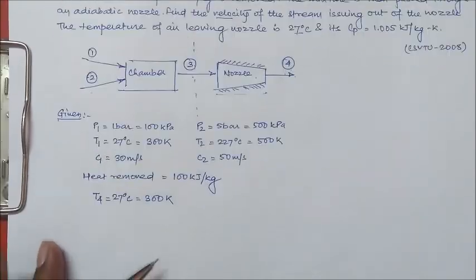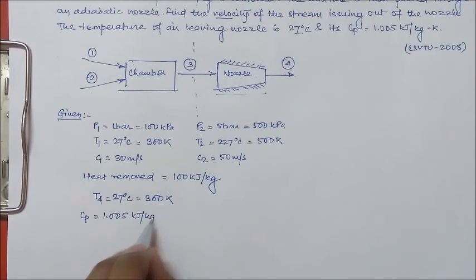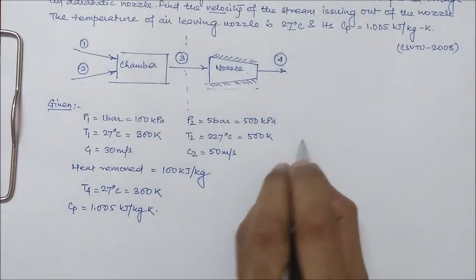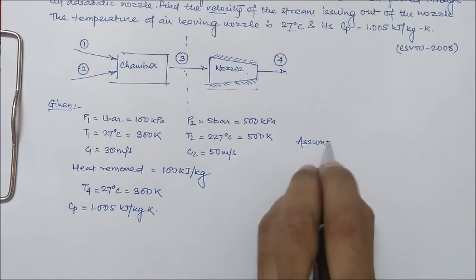Also, we have Cp as 1.005 kilojoule per kg Kelvin. Okay, this we got from here. Now we have some assumptions.